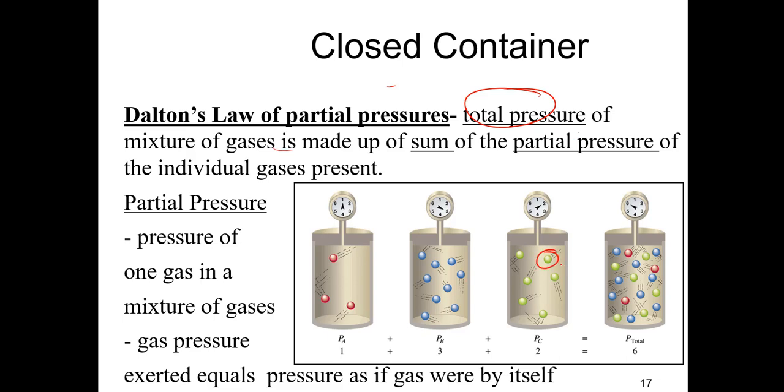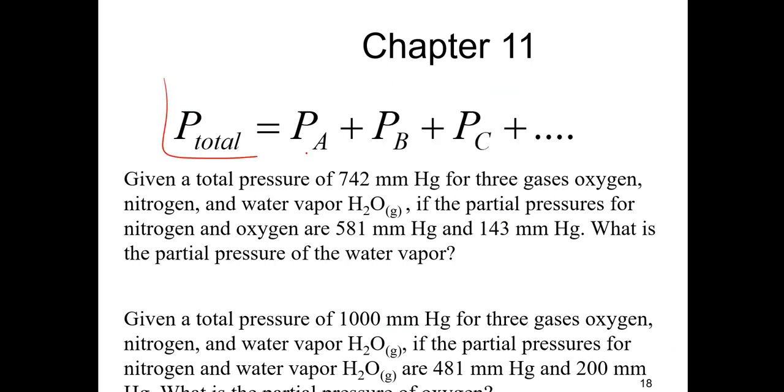And the individual gases, it turns out, nature's an accountant, and it keeps track of all of the pressures. We call these partial pressures. So these individual gas pressures, it turns out, equal the total mixture gas pressure. That's pretty cool.